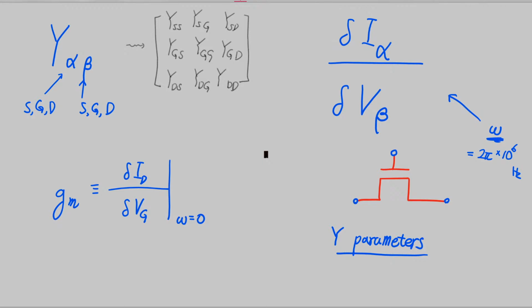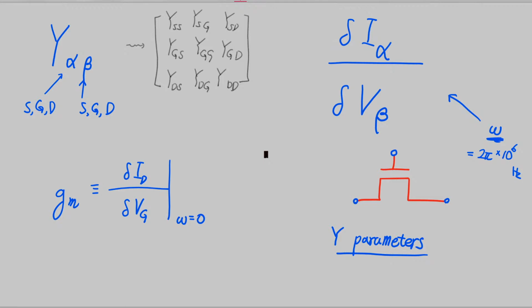So at an extremely low frequency, actually at DC condition, we can evaluate the response of the drain current with respect to the gate voltage excitation. This is the definition of GM.